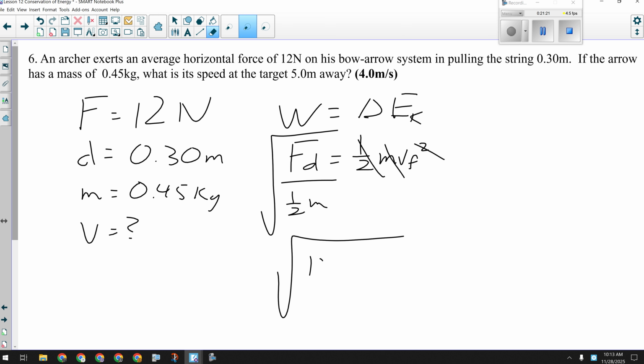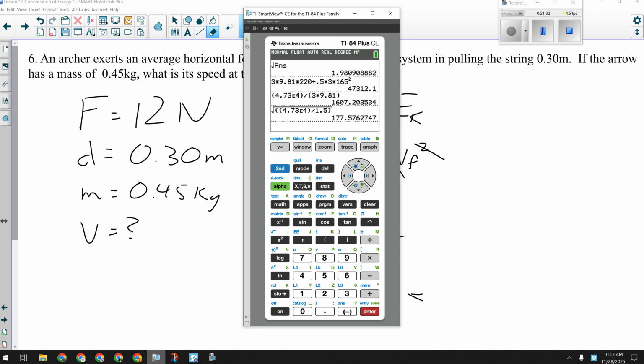Okay, so 12 times 0.3 divided by 1/2 times our ridiculously heavy arrow's mass. All right, so 12 times 0.3 divided by 0.5 times 0.45. And then square root that.